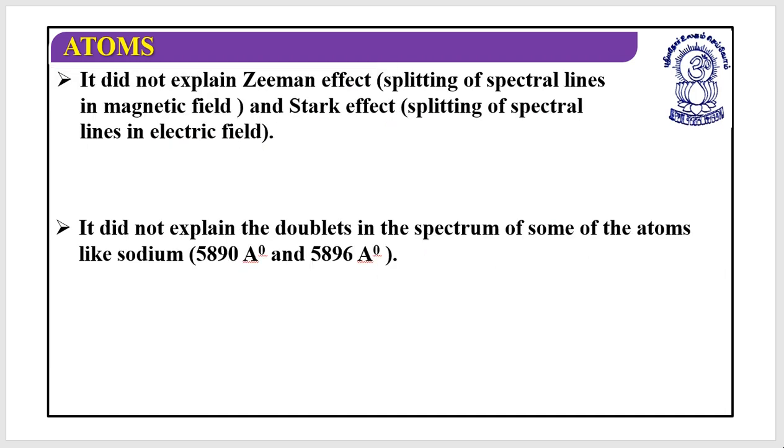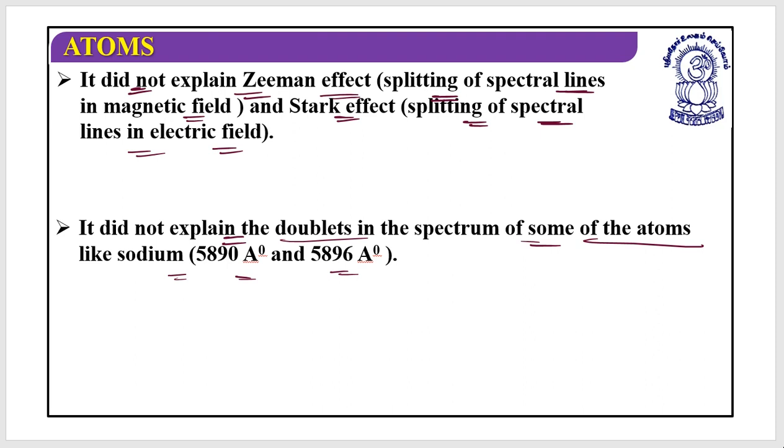Next, it did not explain the Zeeman effect, which is the splitting of spectral lines in a magnetic field, and it cannot even explain the Stark effect, which is the splitting of spectral lines in electric fields. It did not explain the doublets in the spectrum of some atoms, like sodium.